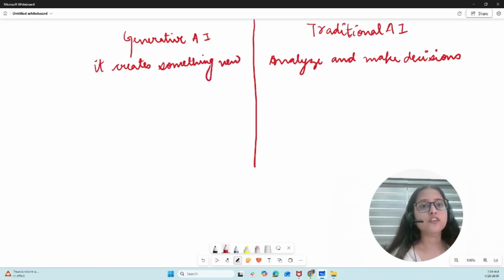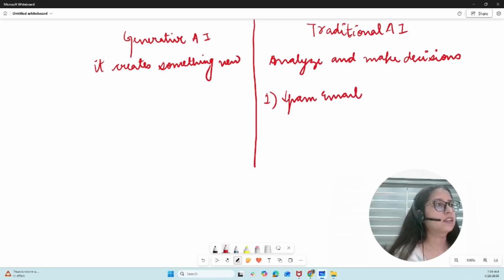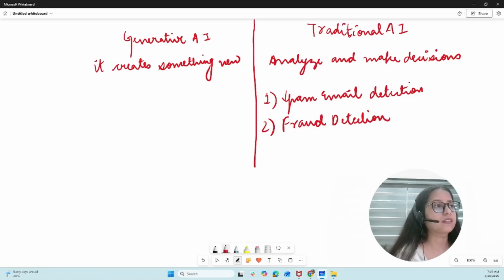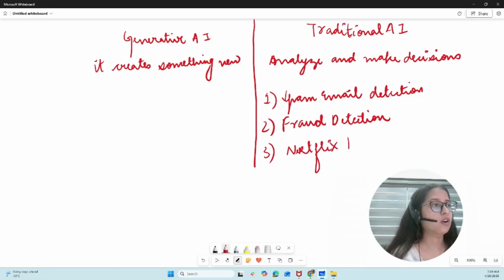Alright, so what are examples of what traditional AI can do? First, spam email detection. It can predict whether an email is spam or non-spam. Second, it can do fraud detection, and these are things that you can easily create in Python. Third, Netflix recommendation. Based on your watch history, it can recommend new movies.